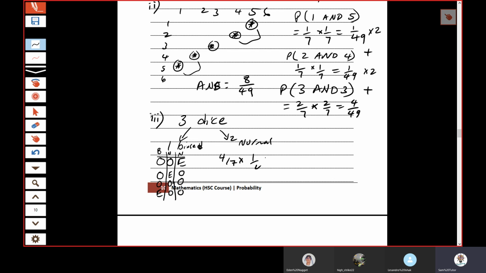So a half times even, which is a half, plus odd, which is 4 out of 7. I think you guys get what I'm about to do. Half times a half, plus 4 out of 7 times a half times a half. So you could have just times it by 3 if you had realized that, but we'll continue. And then even, 3 out of 7 times a half times a half. And that's it.